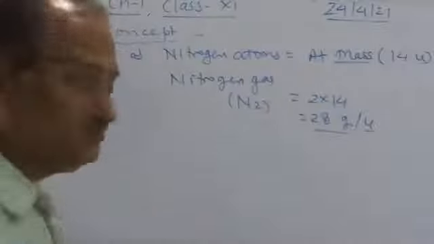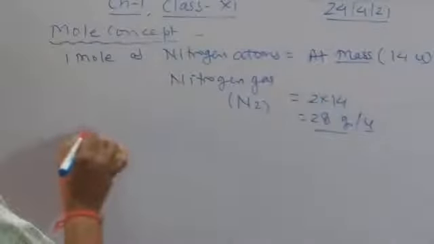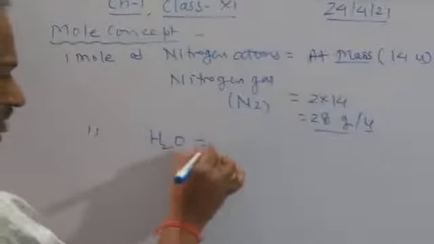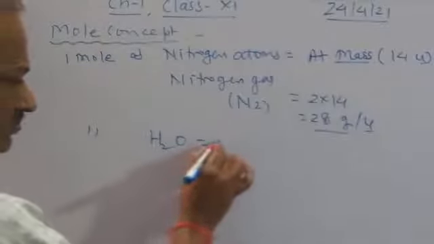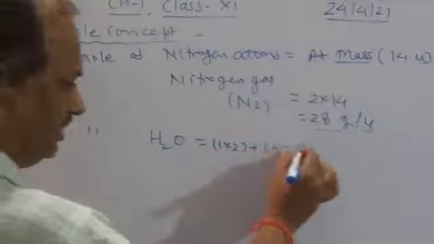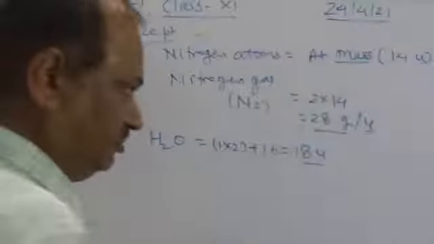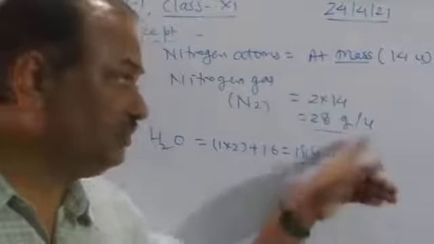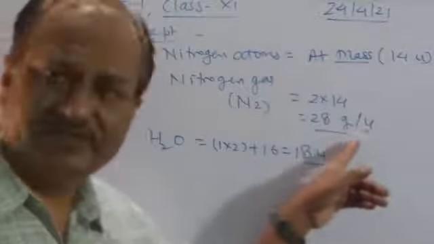When we talk of 1 mole of H2O, it is hydrogen 1 into 2 plus 16, which is 18 U. U means unified mass. Nowadays we do not use gram, we use unified mass.